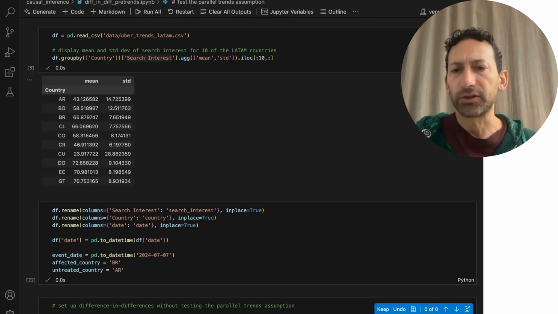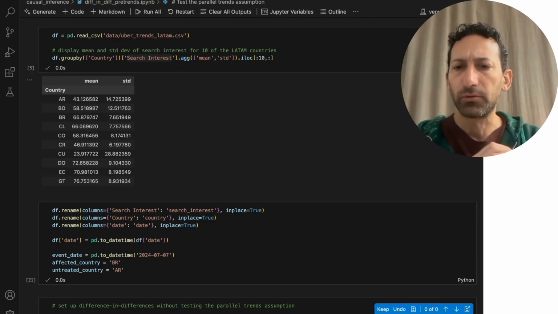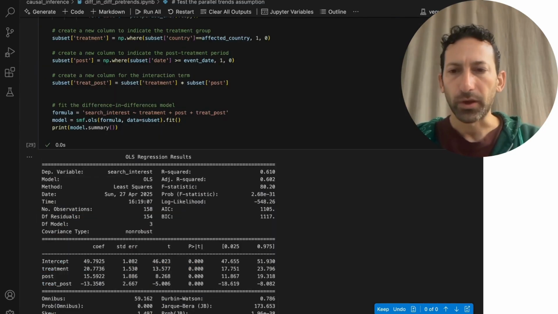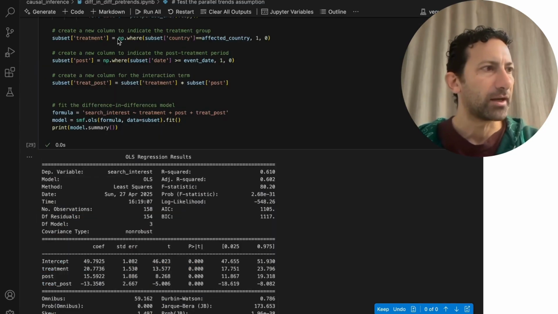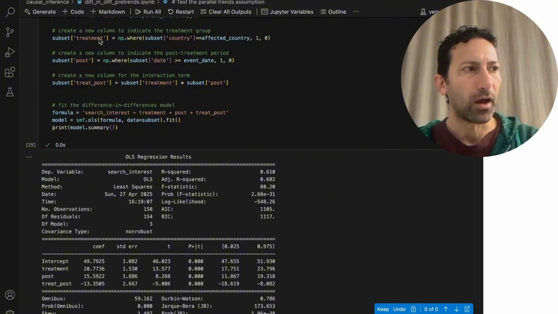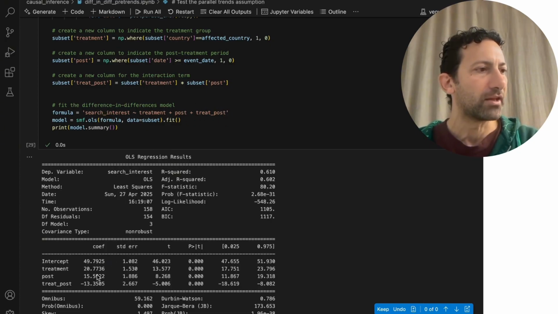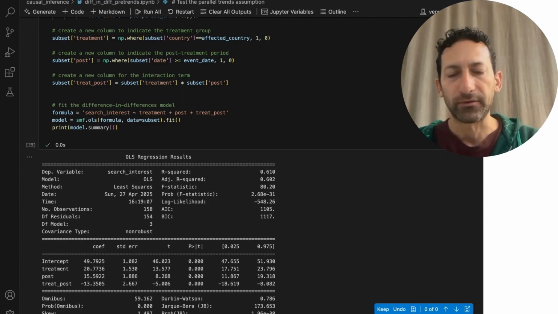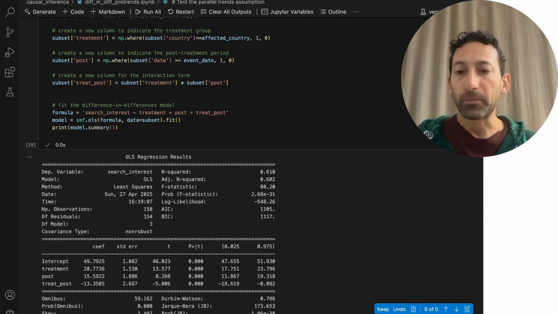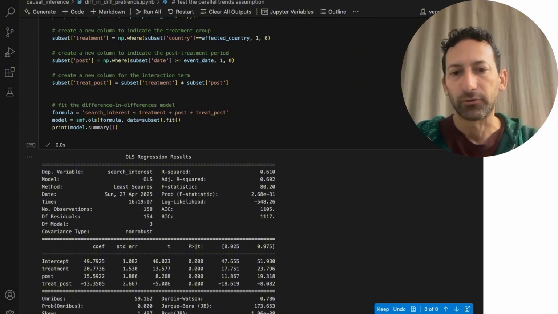And naively, you say, I'm just going to use Argentina as the comparison group, and I'm going to assume that they have parallel trends. So you might set up the data with a treatment dummy variable, a post dummy variable, and the interaction of these two. You would run a simple linear model, and the interaction would be the effect of the treatment, in which case it looks like there's a sharp negative effect on Brazil.